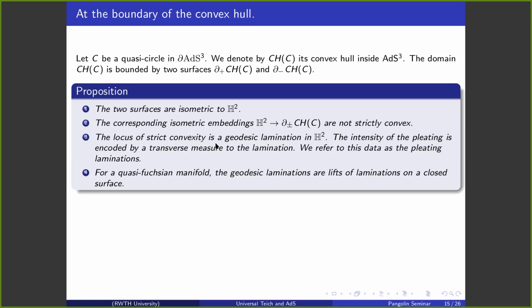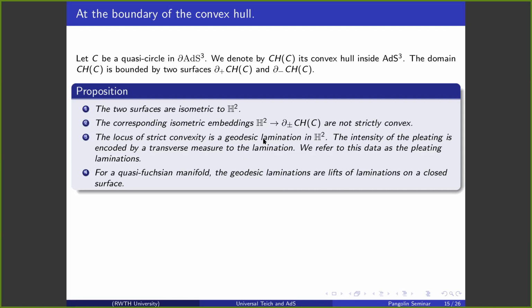It turns out that this embedding is actually not, in general, strictly convex. And the locus of strict convexity is a lamination, meaning it's a union of complete hyperbolic geodesics. So a quasi-circle comes with those two geodesic laminations, two because one in the bottom, one in the top, or one in the past, one in the future.